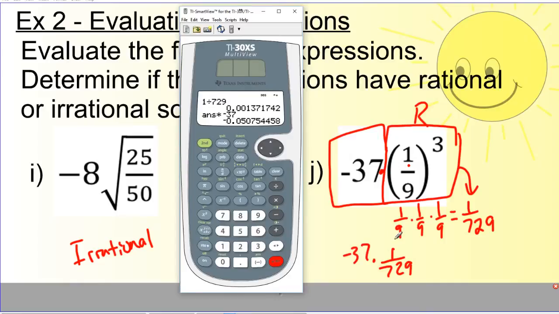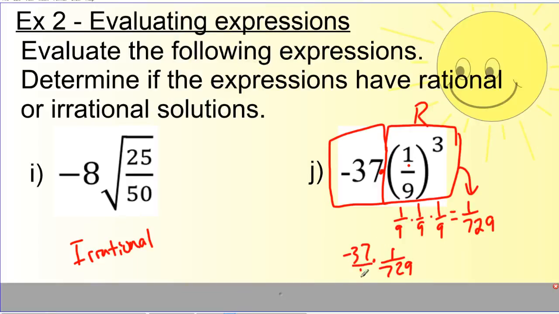If you remember about multiplying fractions, which we just did a second ago, you multiply across the top, you multiply across the bottom, and you simplify if you can. Well, here, if I multiply across the top, I'm going to get negative 37. If I multiply across the bottom, 1 times 729 is 729.